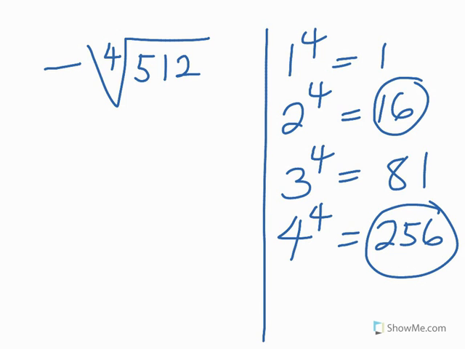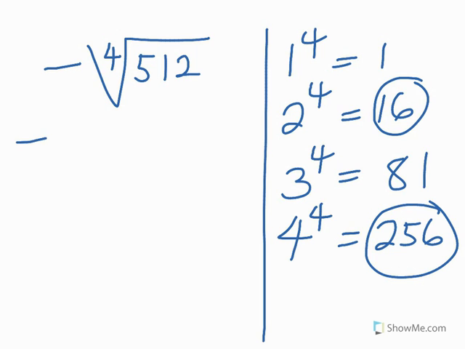Now that doesn't mean if we choose 16 and the other factor that it will not go. No, it will go. 16 and 32 can work. 256 and 2 can also work. But if you want to save time, you want to just do 256 and 2.